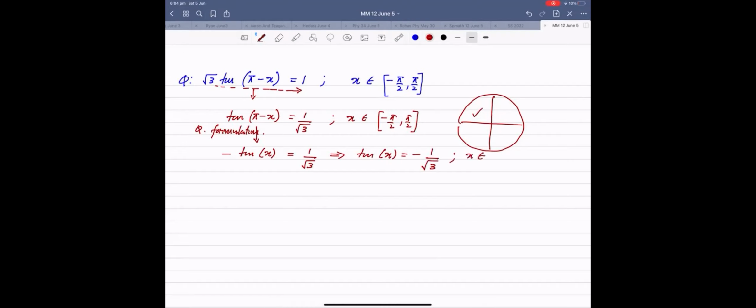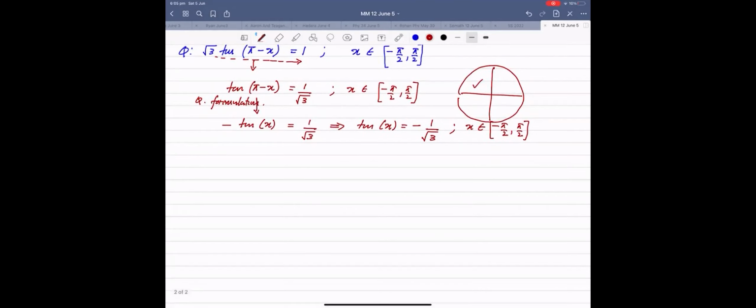Your domain. Then you have to draw this tan graph. Tan is a painful graph, but you have to live with the pain.